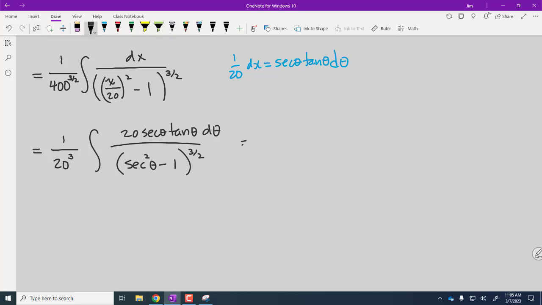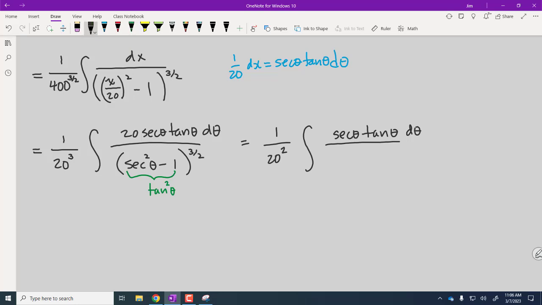We can simplify this outside number right now, actually, to 20 squared. There's a 20 in the numerator that will help us out. So this is tan squared. And what is tan squared to the 3 halves?